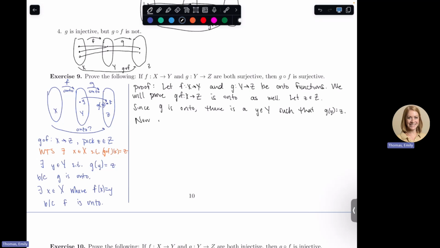Now, y is in big Y and f is onto, so there is an x in big X such that f of x equals y.